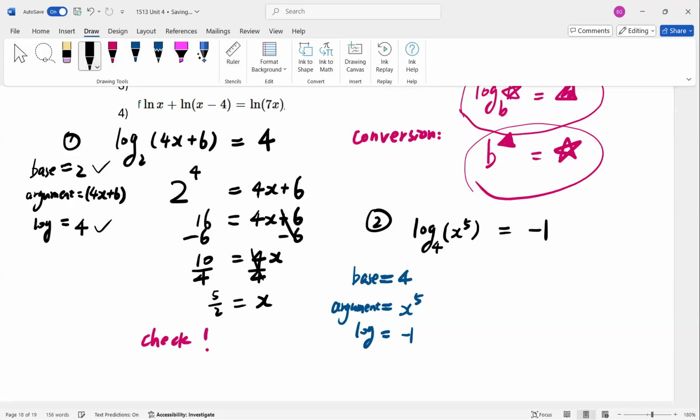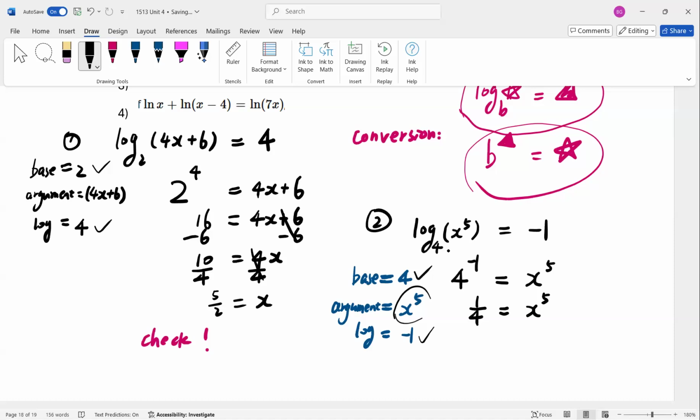So let's rewrite. The base is carrying a log on the shoulder, equals the third thing. So x to the power 5 equals 4 to the power of negative 1, which is 1/4, the reciprocal of 4.